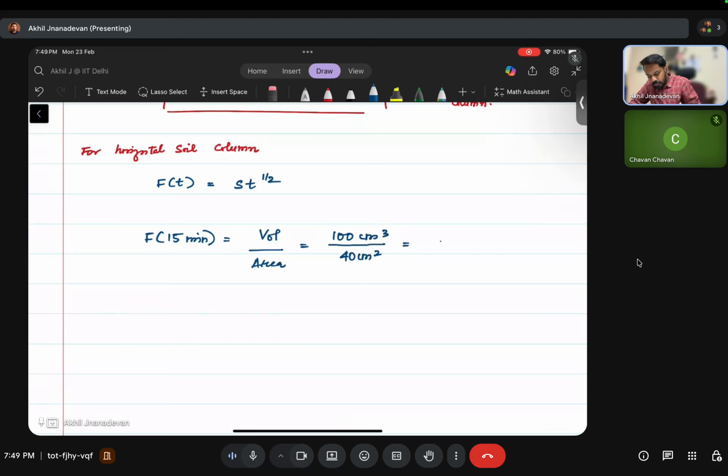That will be 2.5 centimeter. So the cumulative infiltration depth of water is 2.5 centimeter, right?